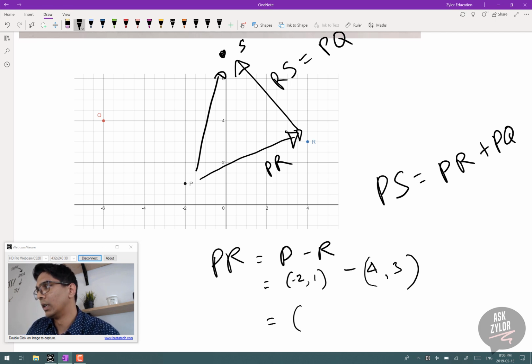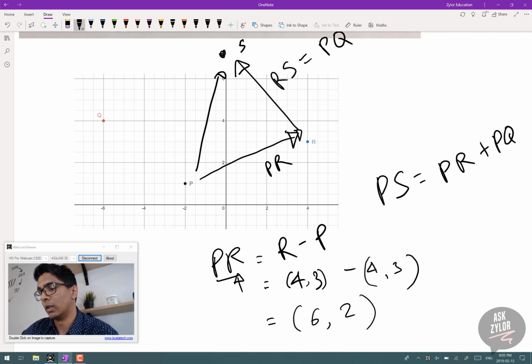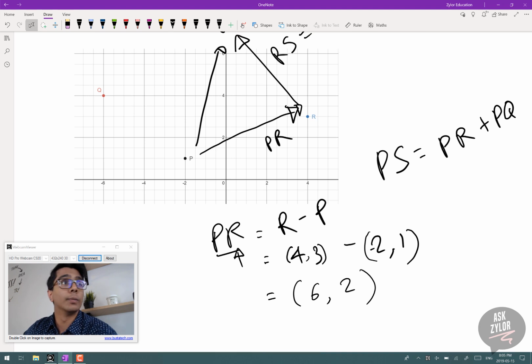That should give me 6 and 2. When I'm finding the geometric vectors, what I should be doing is finding the second vertex and subtracting from the first. So that was my first mistake. I'm just going to do 4, 3, minus -2, 1. Right, so minus minus makes it a plus, which gives me 6 and 2.